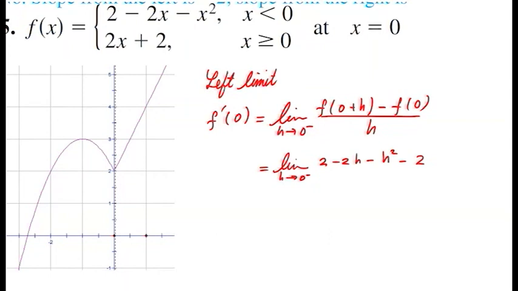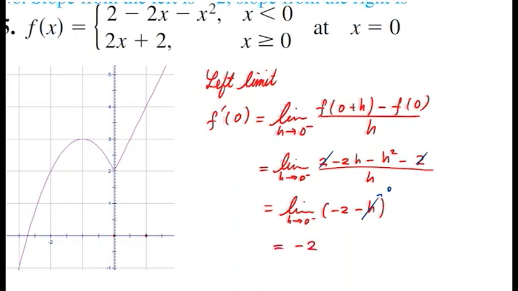If you plug in 0, you get 2, okay? Over h. So far, so good? And then this cancels this, and we can cancel one of the h. So what we get is the limit as h approaches 0 from the left-hand side of negative 2 minus h. And h, of course, dies. So we get negative 2. Our guesstimation was pretty good, wasn't it?